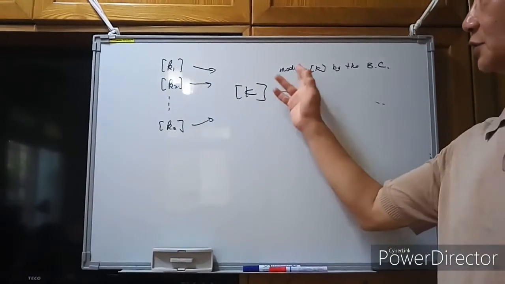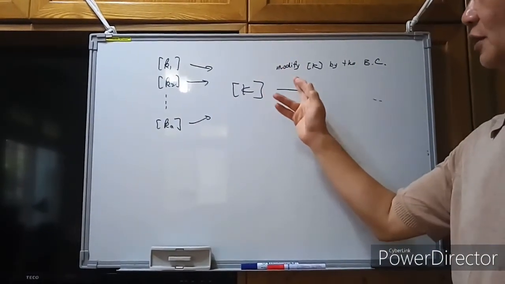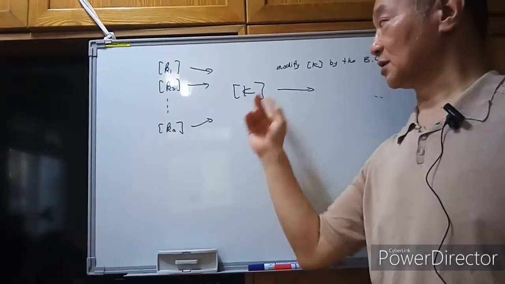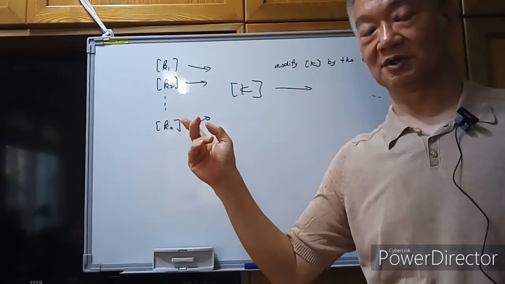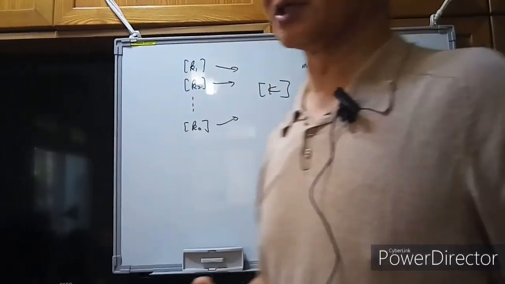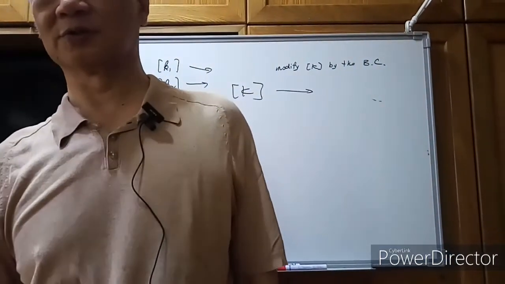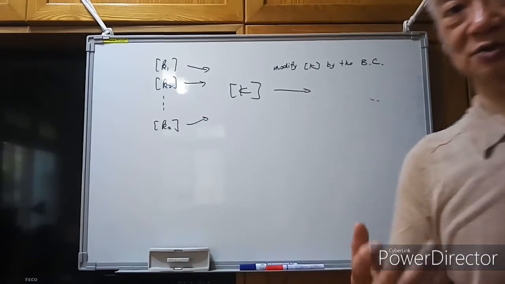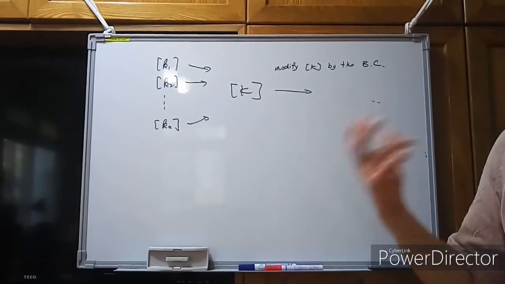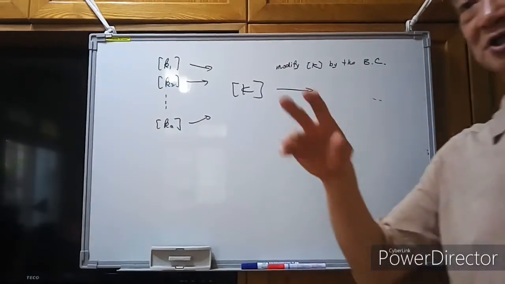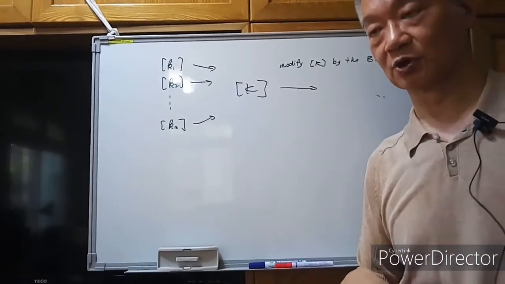But the boundary conditions, usually we will consider them after we assemble the global K matrix. There are several methods we can use to consider them. In the basic method, we just eliminate the corresponding rows and columns.